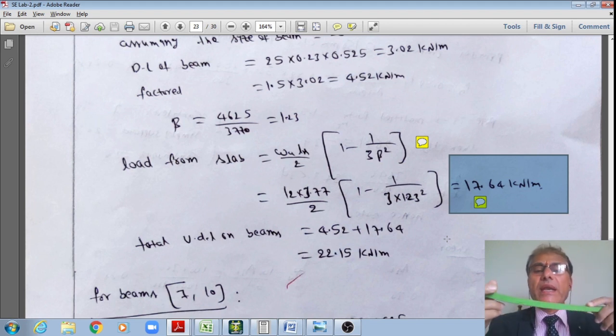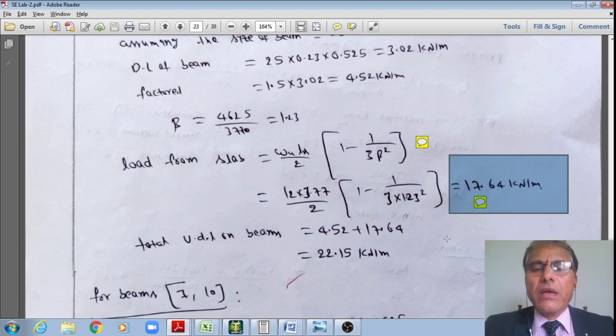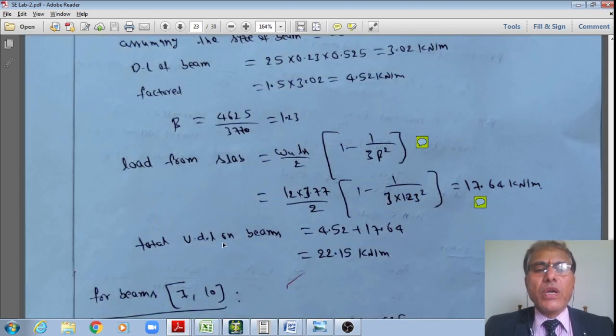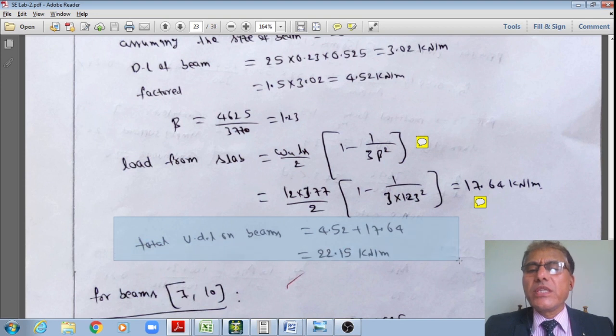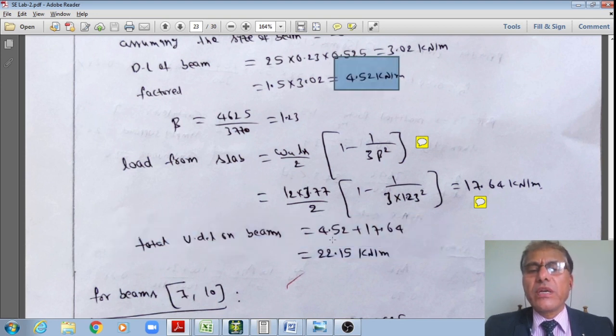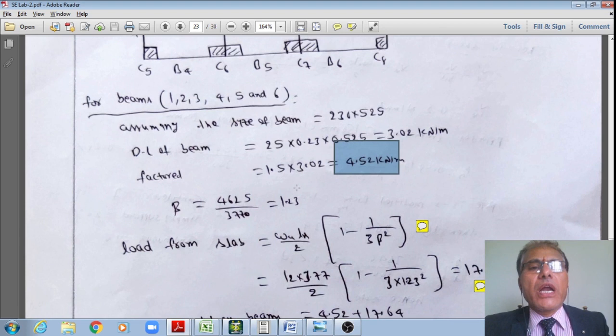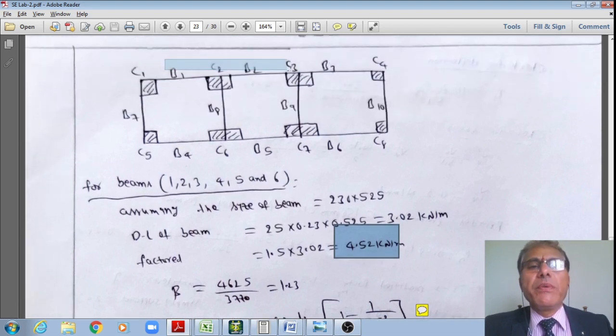For the analysis of getting the shear force and reactions, it is quite different. Please see that. Therefore, now the total UDL is equal to this 17.04 plus this 4.54. It now works out at 22.15, the equivalent UDL on these continuous beams B1, B2, B3, or B4, B5, B6.